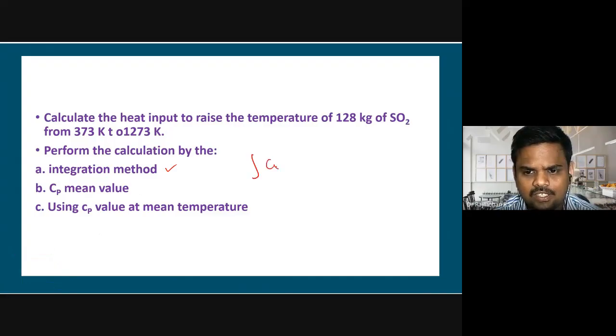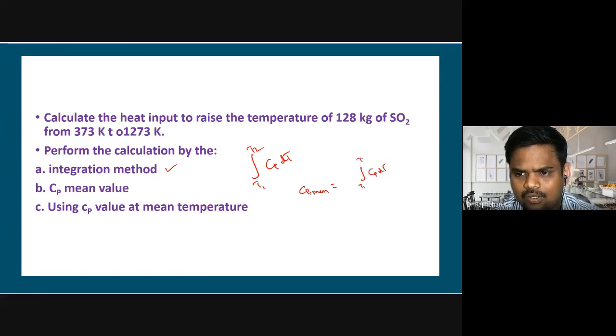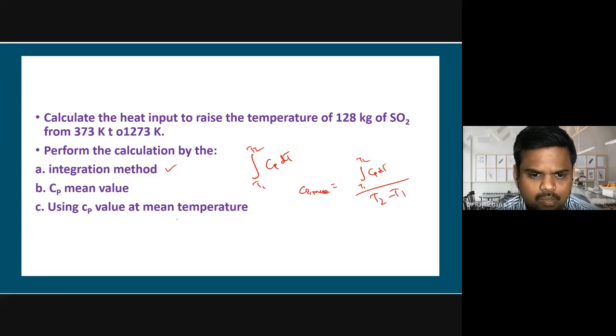the integration method, which is the integral of Cp dT from T1 to T2. Cp mean is equal to the integral of Cp dT from T1 to T2 divided by T2 minus T1. This is the way we can determine the Cp mean value. Another method is using the Cp value at the mean temperature.